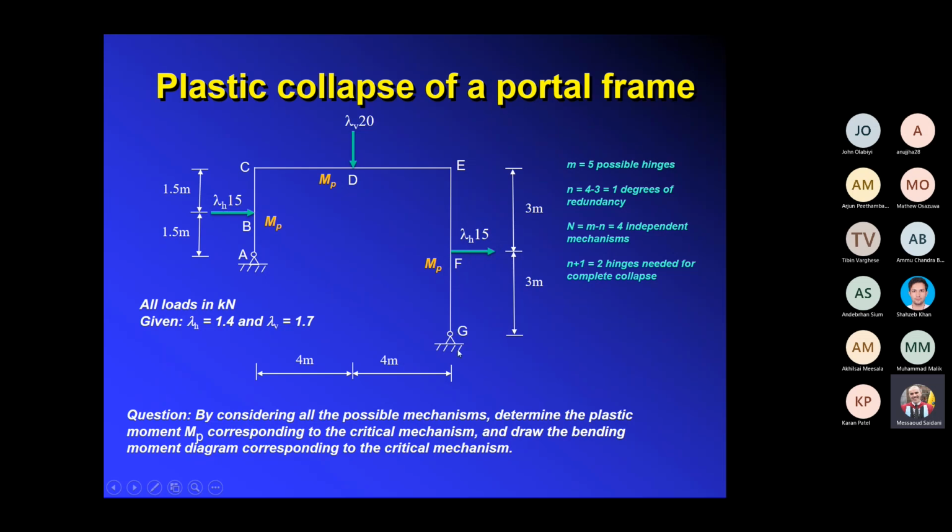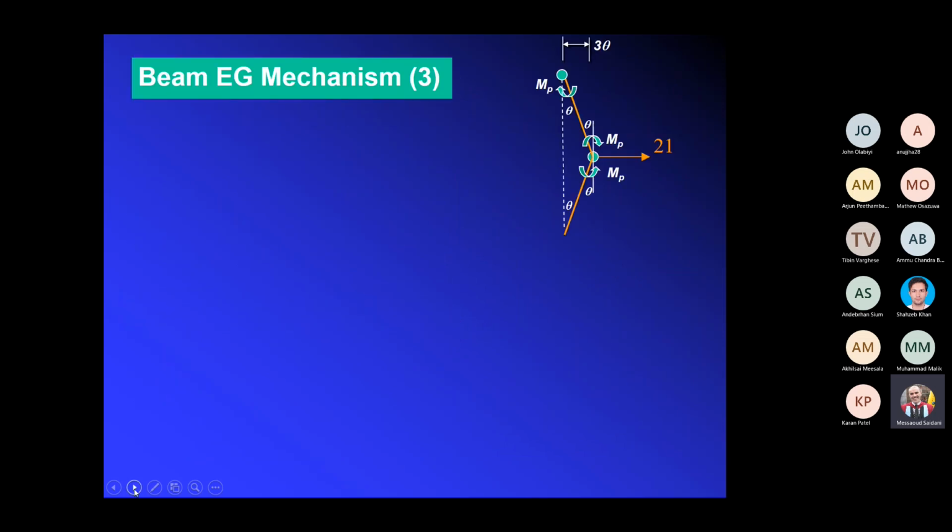And remember, G is pinned here, so there is no plastic hinge forming at G. You only get a plastic hinge if this is fully fixed, but because it's simply supported, there is no hinge forming at G. We have a hinge forming at F and a hinge forming at E. So this is the beam EG mechanism, and this is what we have. The load is 21. The height of the column is 6 meters here.